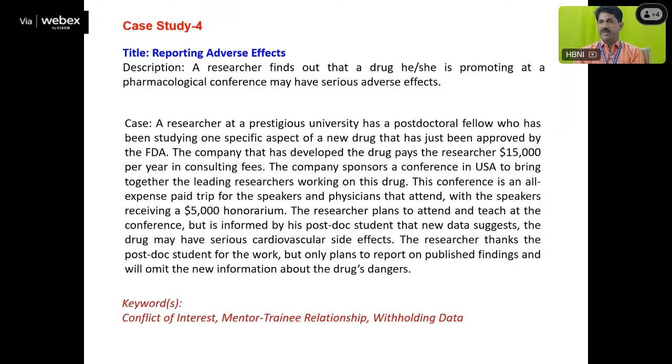So if you do not mention the negative results and do not publish them, then another person may come and fully work on this particular part of the work, and there will be repetition of work. So withholding of data should definitely be avoided in any type of research. So this is about case study number 4. We'll go to the next case study.